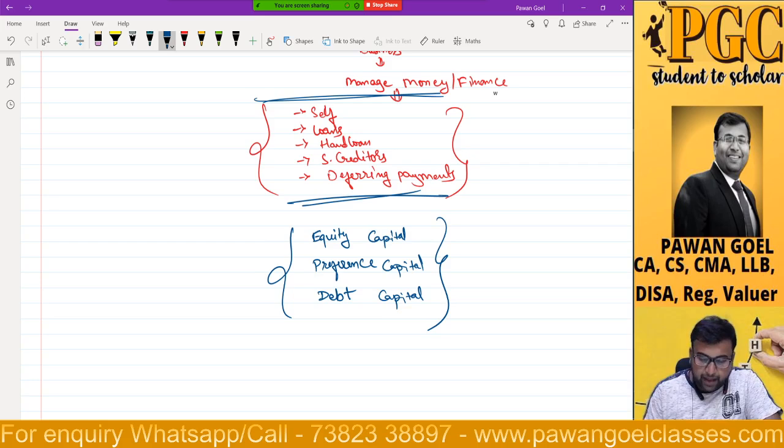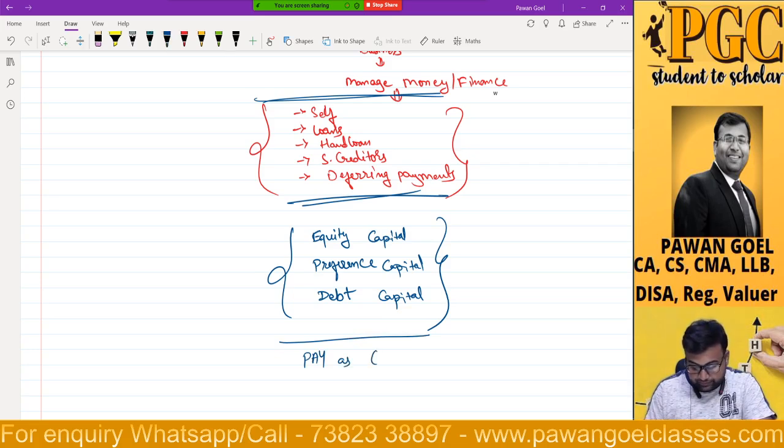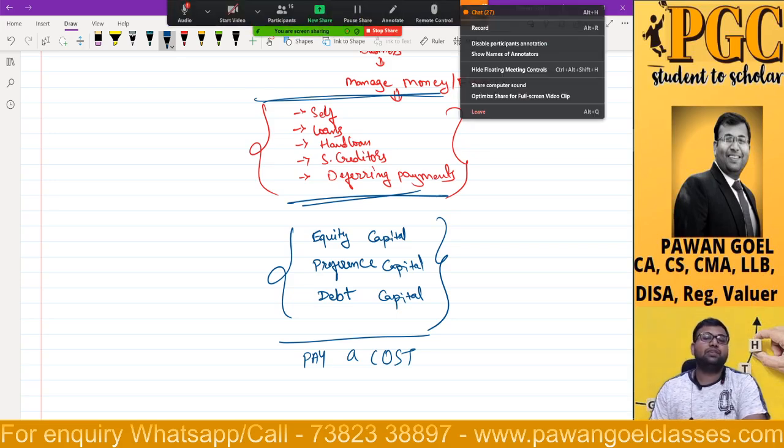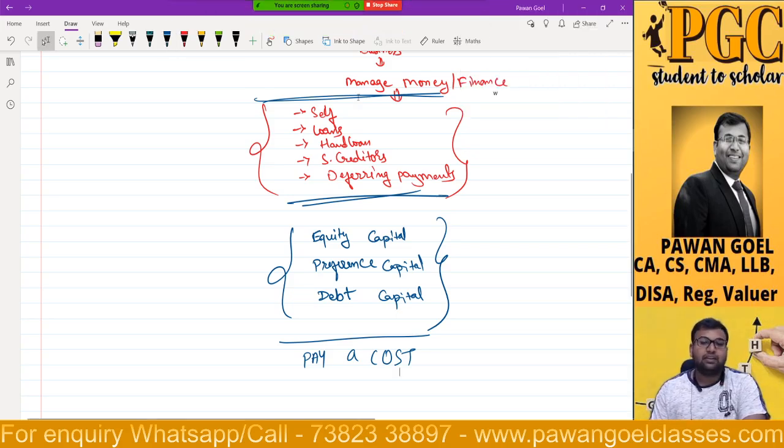So this capital, whenever I bring this money into the business, do I have to pay a cost? Tell me, sir, do I have to pay a cost for all of this? So three sources of capital which we are taking in little detail.